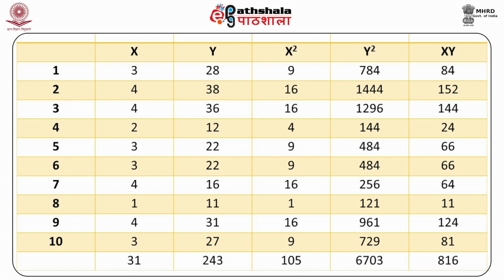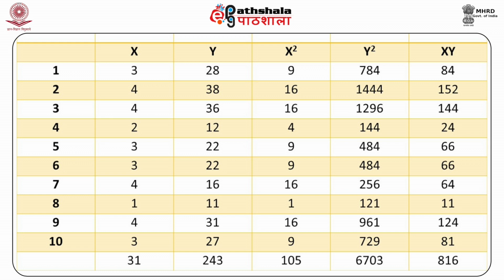Let's put these values in terms of x and y, where x is the item score and y is the total score. Item scores x for the 10 subjects are 3, 4, 4, 2, 3, 3, 4, 1, 4, 3.